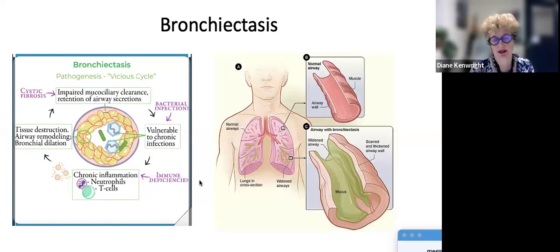If people have an additional immune deficiency, that can also lead to chronic infections. Both these things lead to airway destruction. And in this case, with the airway remodeling, it leads to bronchial dilation. And then they fill up with more mucus because it can't clear, and we start again. So bronchiectasis is a self-reinforcing cycle.